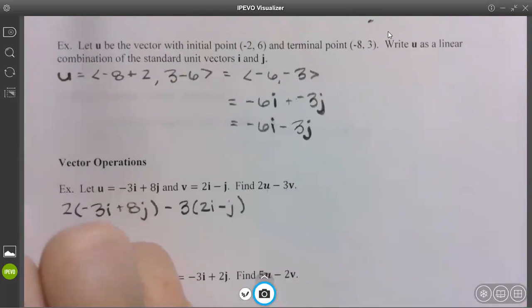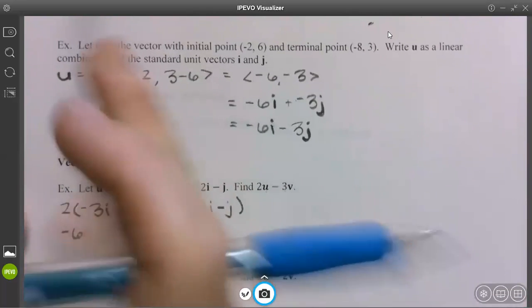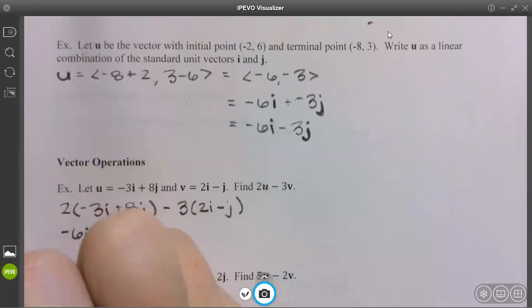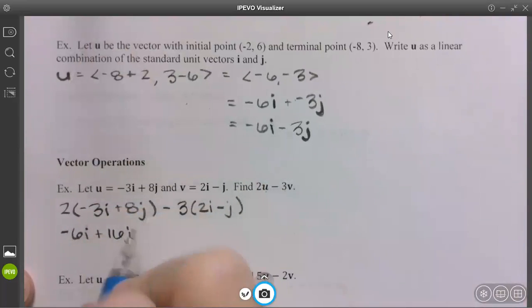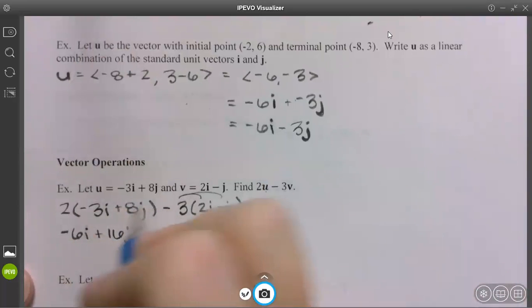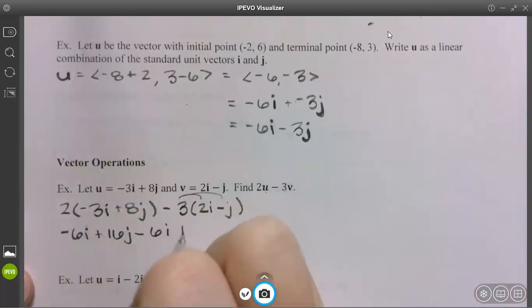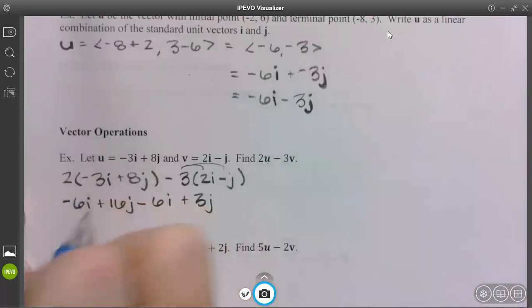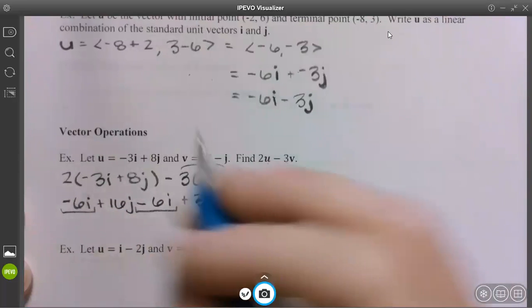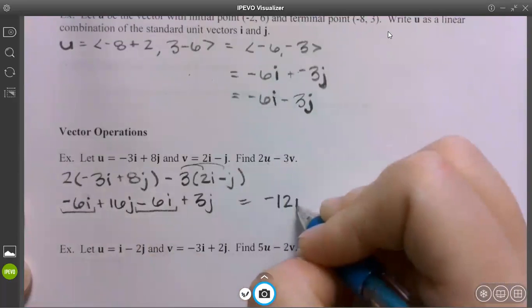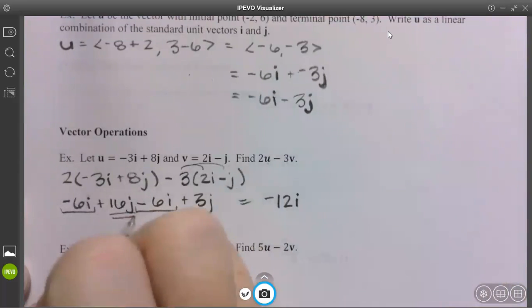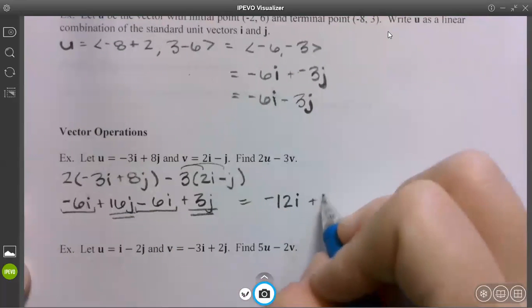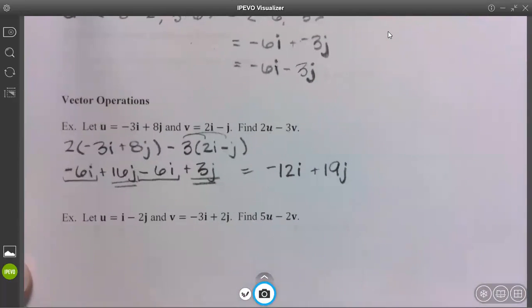So we get negative 6I plus 16J. Distribute negative 3 to make negative 6I plus 3J. And then add your like terms. So negative 6I minus 6I is negative 12I. And then 16J plus 3J is 19J. Again, these are all easy things to do. Just treat it like normal I and J or like X's and Y's.